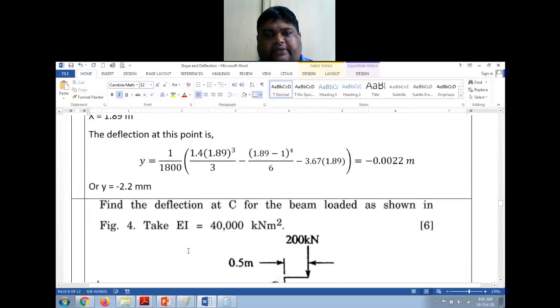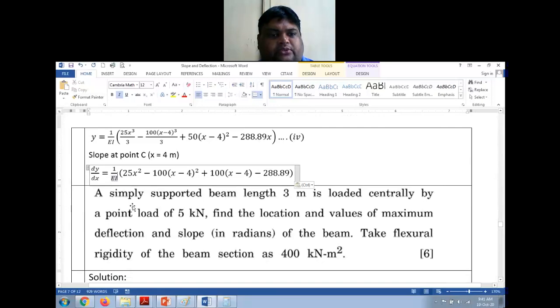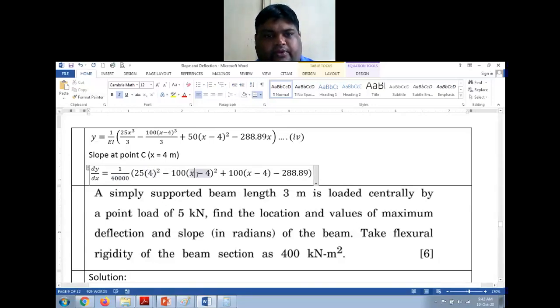EI value is given as 40,000 kilonewton meter square. So just put that value here, 40,000. X is 4. So just put the value of x as 4. This will be 4 minus 4. So this term will become 0. This will also be 4 minus 4. So this term will also become 0. And this is a constant, so it will remain as it is. This will be in radians.